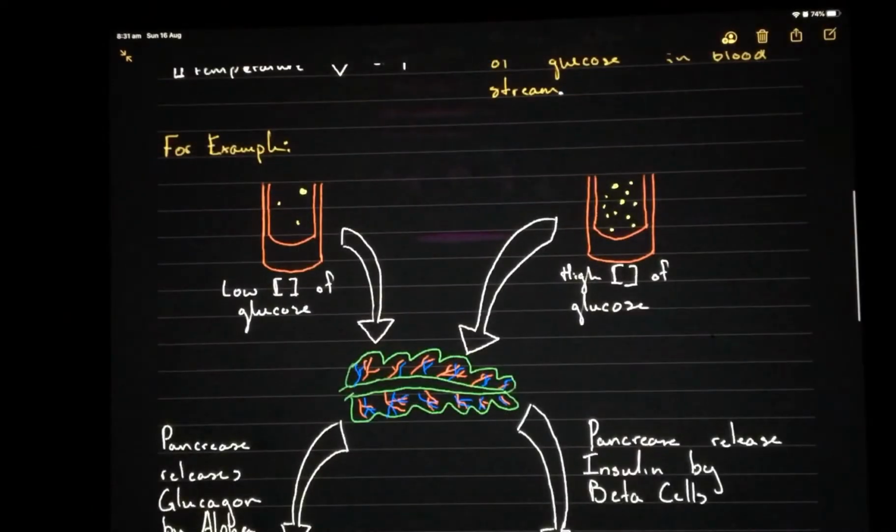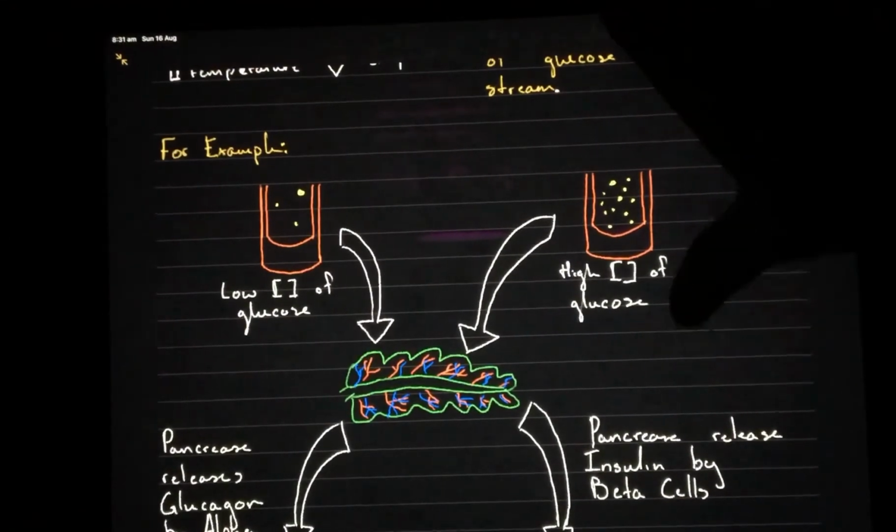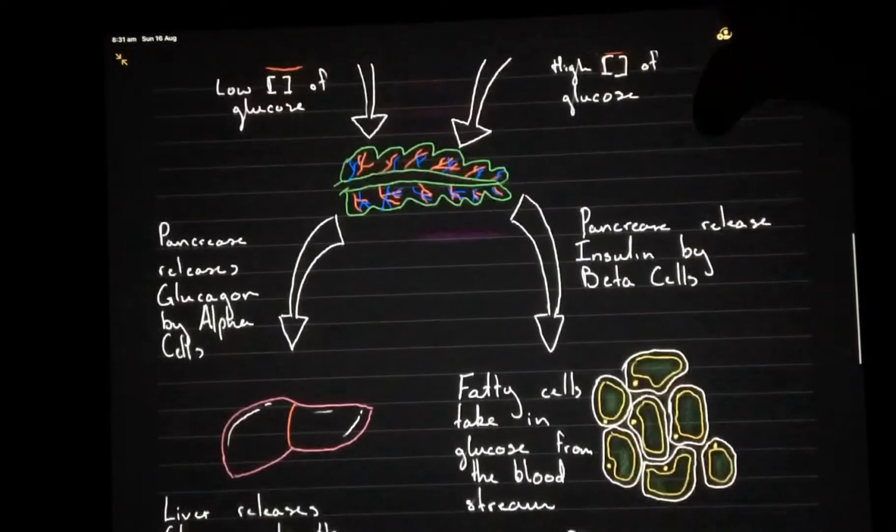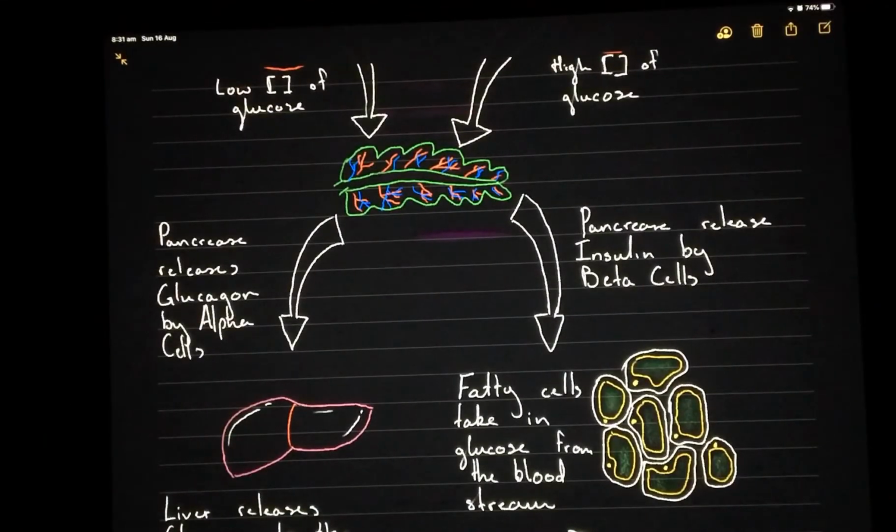Now, let's go back. Let's say there was a high concentration of glucose and you had too much of it. It'd still have to pass through the pancreas. The pancreas detects that there's too much, and the pancreas will release insulin by beta cells.